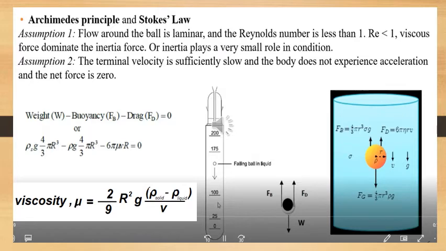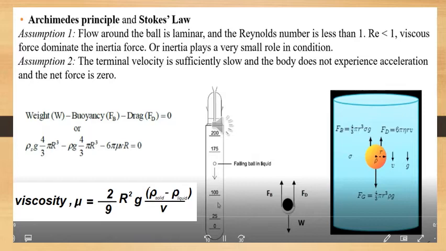So we are assuming that though the ball is falling through the fluid due to gravitational acceleration, we also assume that the acceleration is 0. Once the acceleration is 0, the net force is 0. And from that assumption, we have come up with an equation: the weight minus the buoyant force minus the drag force equals 0.